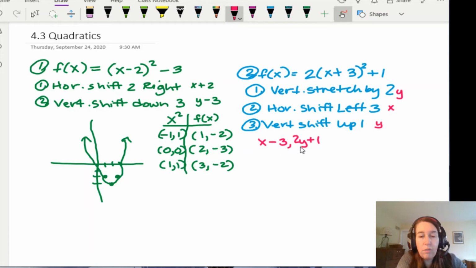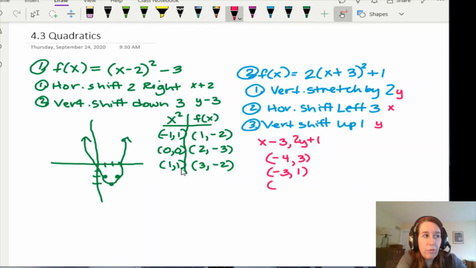Okay, so we're going to do these two things to our standard graph. So rather than writing the original x squared points again, I'll just write the new points. Using the original negative 1, 1, I'm going to go to negative 4, and then the y's, that's 2 plus 1, 3. The next point would be the 0, 0, so you get negative 3, 1.